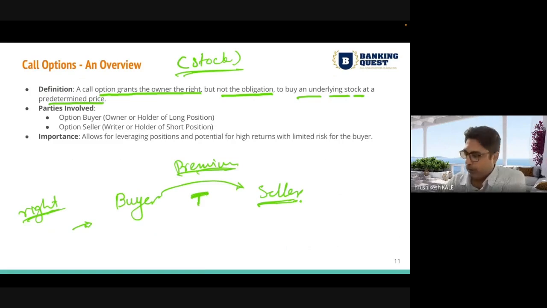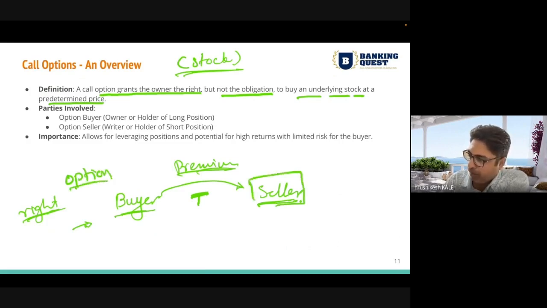After T number of days, the buyer will have an option either to purchase from the seller at the predefined price, which is also called exercise price, or to purchase in the market.